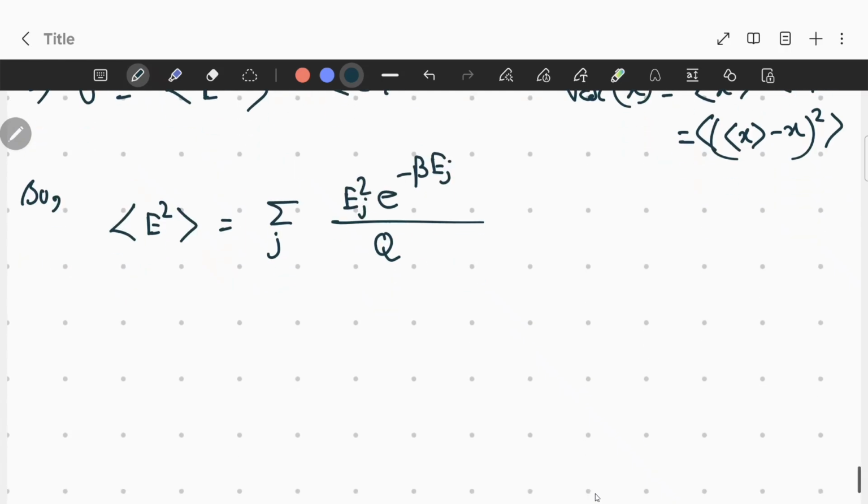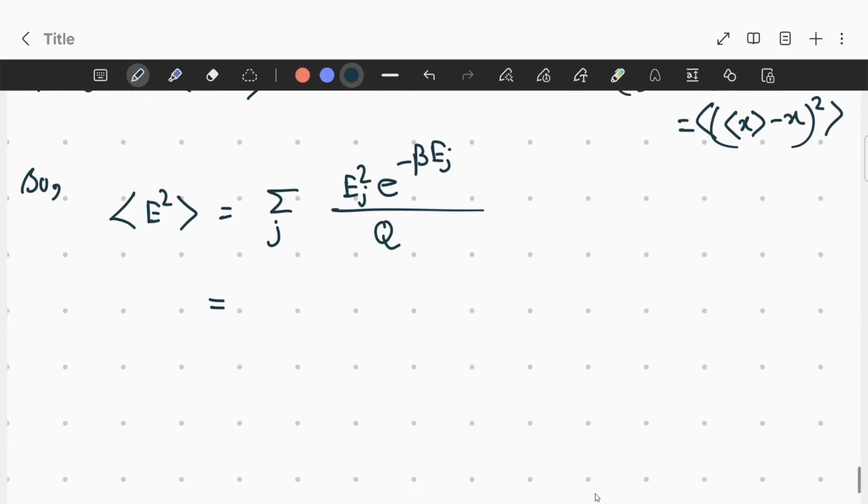So how can you calculate that? We need a trick. This is a tricky part.